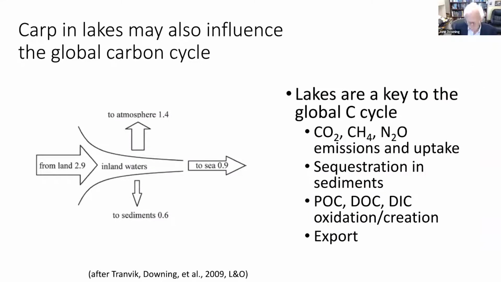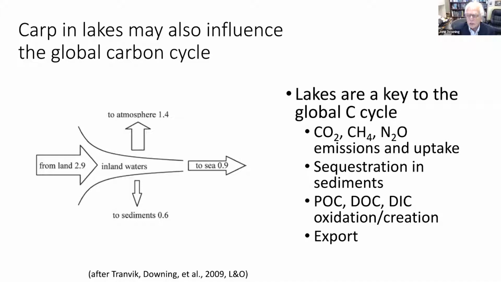Now, Przemek and Brian and I feel that carp in lakes may also influence the global carbon cycle. Lakes are a big key to the global carbon cycle. They emit carbon dioxide, methane, and nitrous oxide, which are important greenhouse gases. They also are important in carbon sequestration, sequestering carbon in sediments.